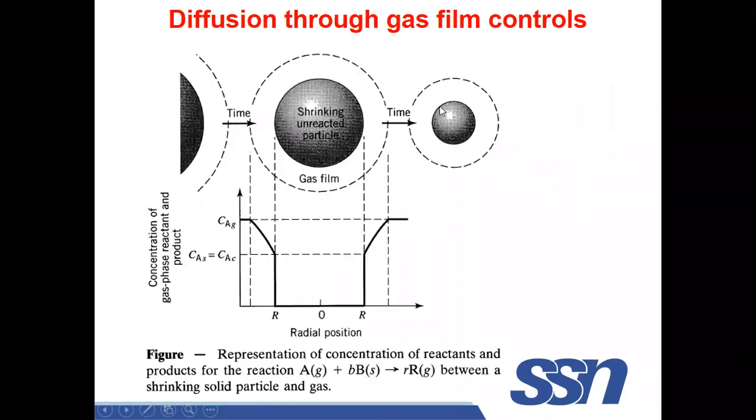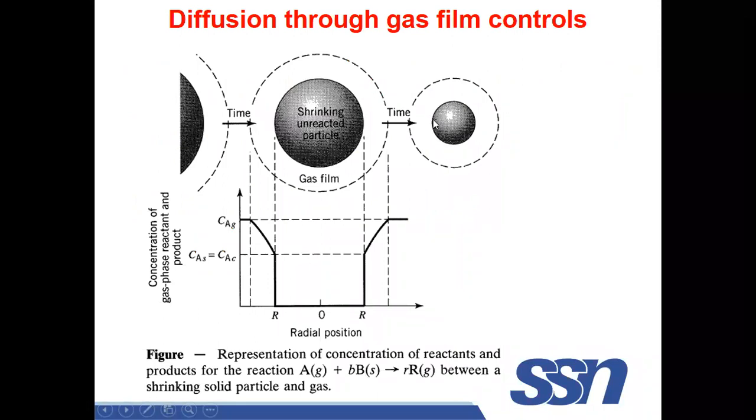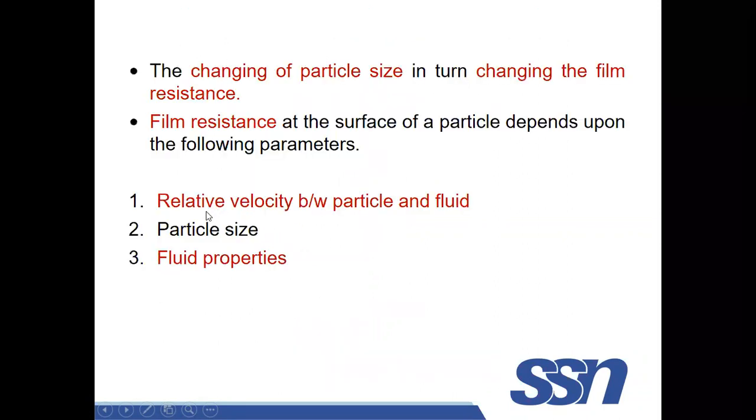That is nothing but the particle is reducing with respect to time. Not only that, the gas is being diffused. So how much the solid is being reduced and at what speed the gas is being diffused, that is the relative velocity between the particle and the fluid.